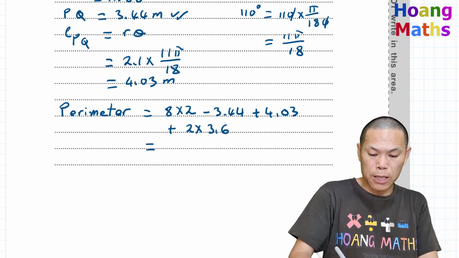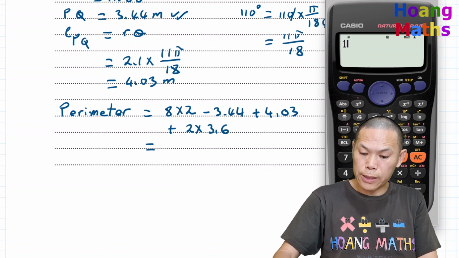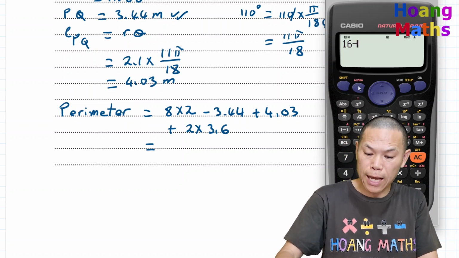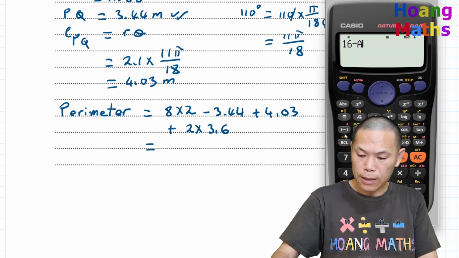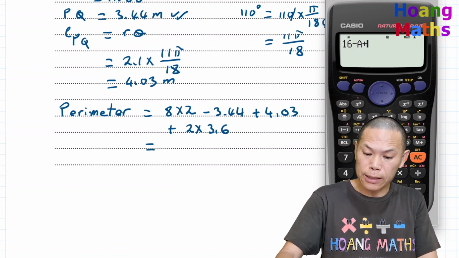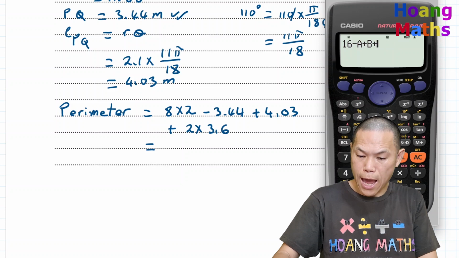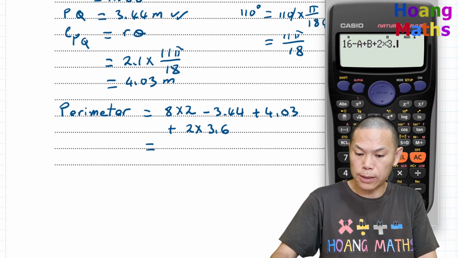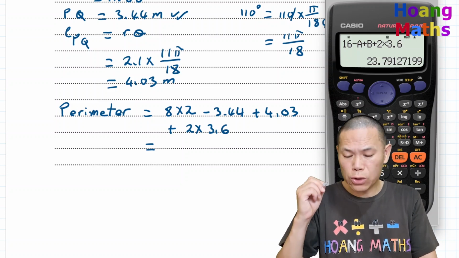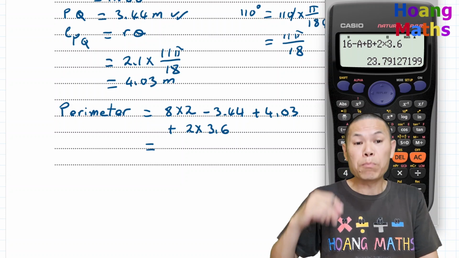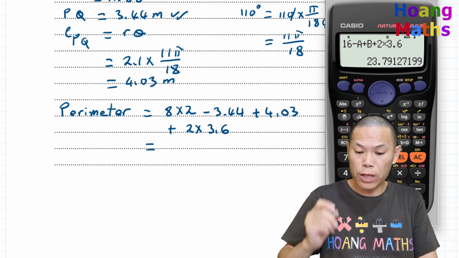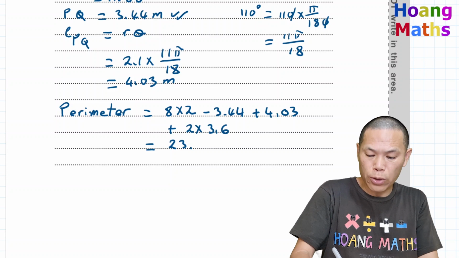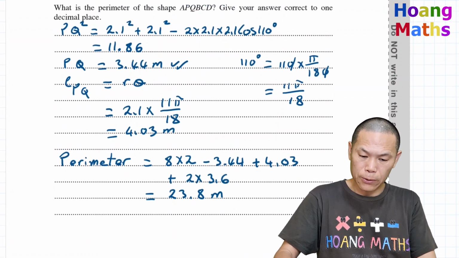So that should give me, so I just go 16 because 8 times 2 is 16, minus the length PQ I stored in memory A. So I just go minus A, and then we plus the last one I did, the arc length, that is alpha B, and we add 2 times 3.6. So there you go, 23.79. But then we round to 1 decimal place, so 23.8. 23.8 meters. So there you go.